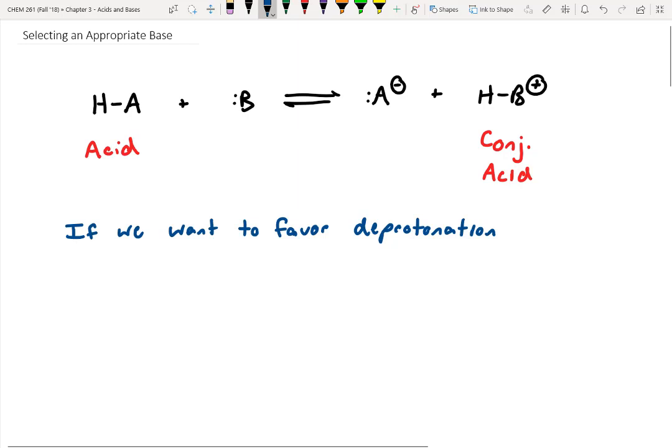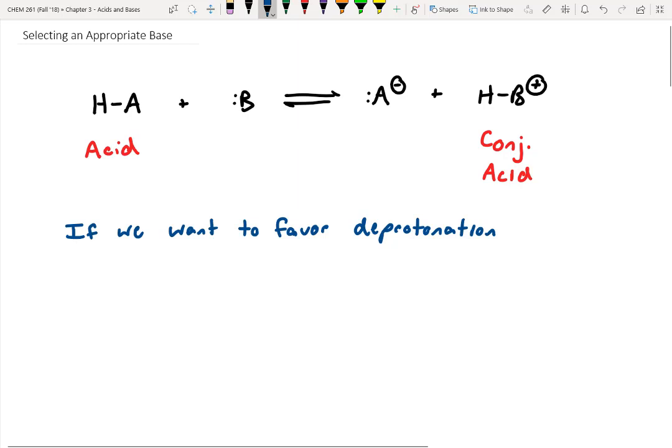The acid or the conjugate acid? It's kind of weird to think about, right? We said the stronger acid pushes the equilibrium to the opposite side. We're saying we want to deprotonate our original acid and make A minus. That means our original acid should be the stronger acid, right?